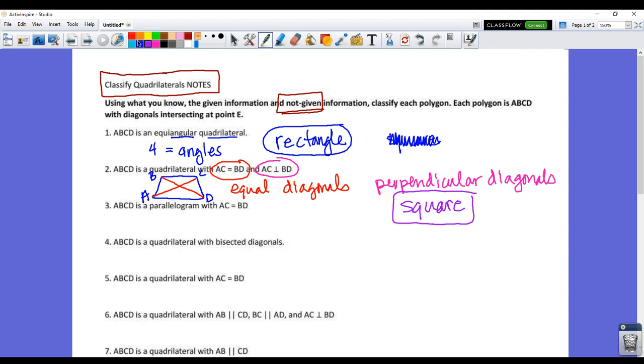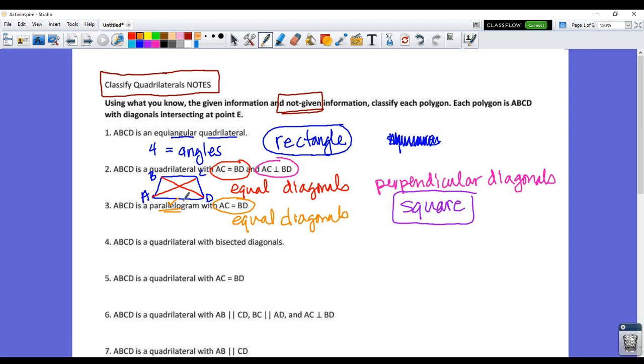Okay, number 3. This is a parallelogram with, once again, equal diagonals. AC and BD are your diagonal lengths. It gives us a hint that it's a parallelogram. There are quadrilaterals like an isosceles trapezoid that do have equal diagonals, but this is saying it's specifically a parallelogram.